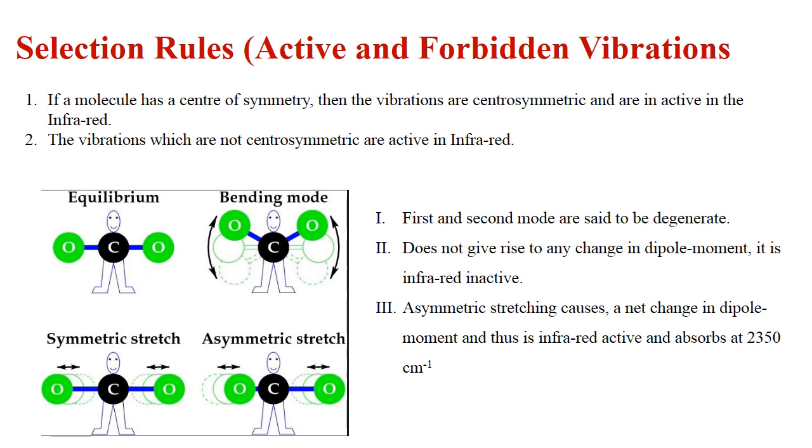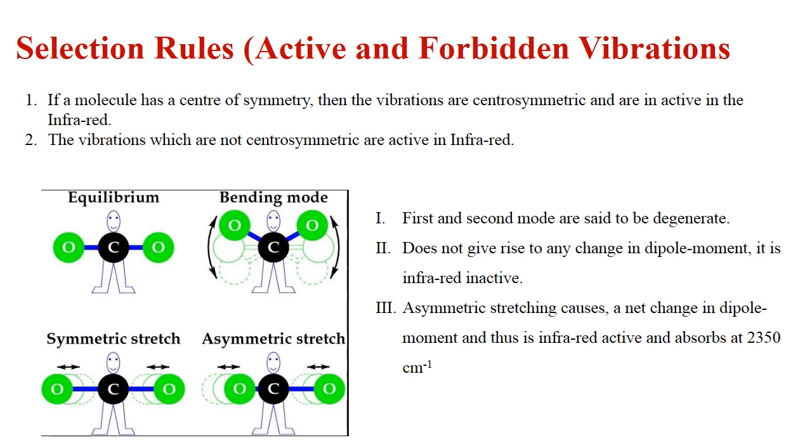So in the case of the equilibrium state and the bending state, the molecule is going to show a band at lower wave numbers, like less than 1500 per centimeter. The band which appears in the fingerprint region is at 667 per centimeter for the first two cases, the equilibrium state and the bending mode.